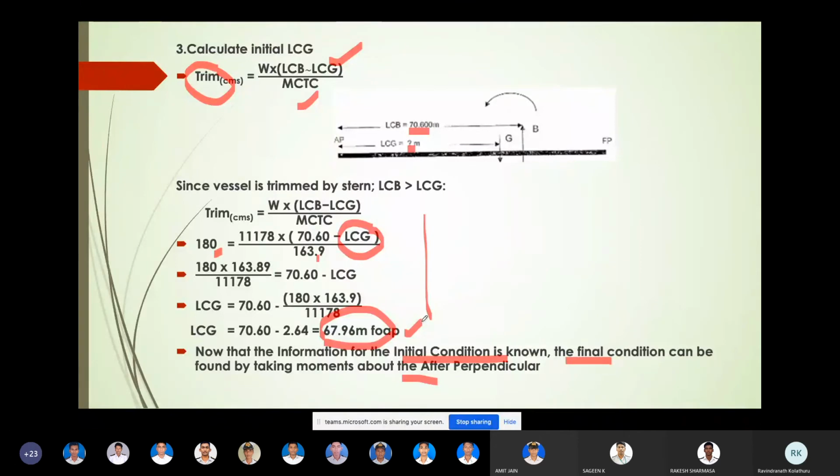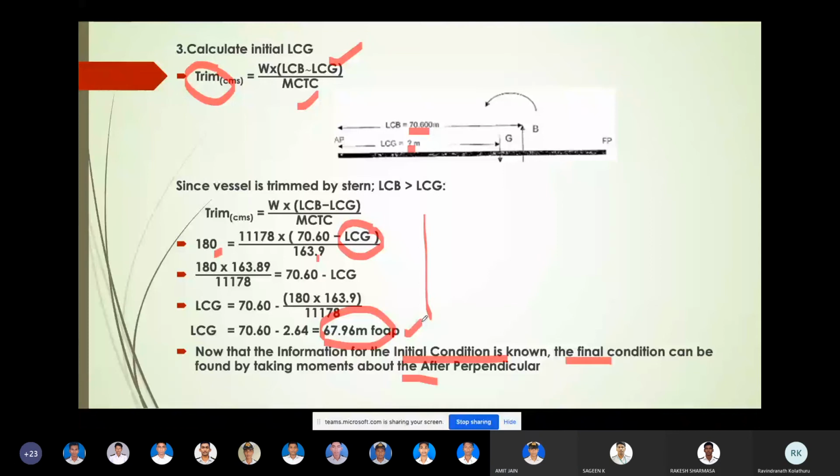Now, once I got my initial displacement and LCG, then what do I do? Moments. Yeah, the moment table.